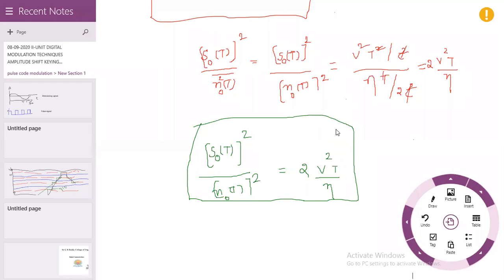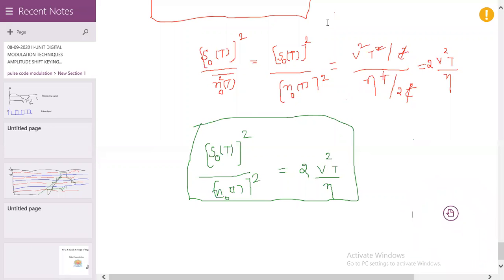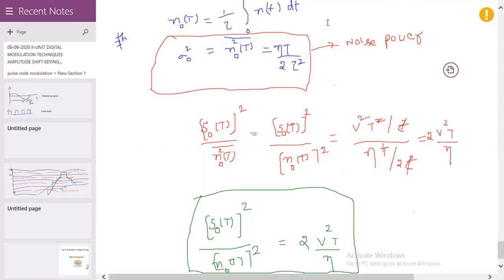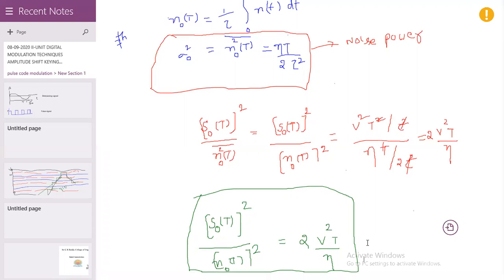According to the 7th chapter, the noise power can be given directly, that is eta t by 2 tau square. Then you can substitute: the output signal to noise power is equal to 2 into V square t by eta at the output of that baseband receiver.